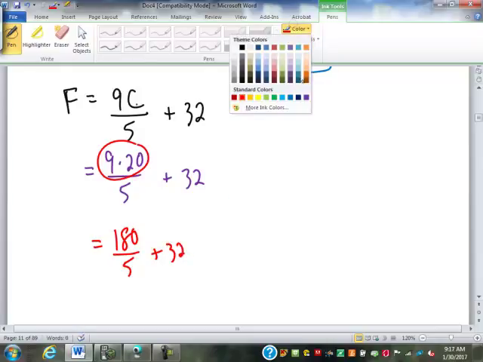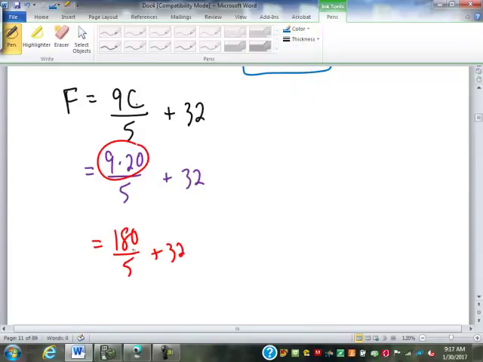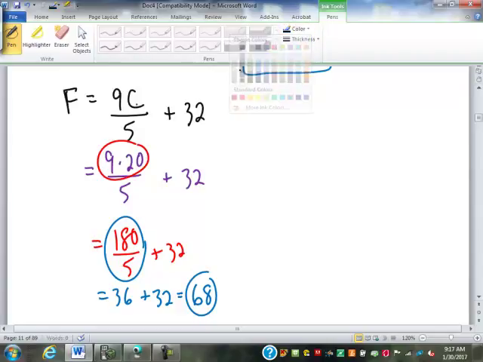What's next? Divide by 5. 180 divided by 5 is 36. 36 plus 32, 68. So that'd be a 68 degree Fahrenheit day. For me, that's about perfect. Maybe a little chilly for some. Any questions?